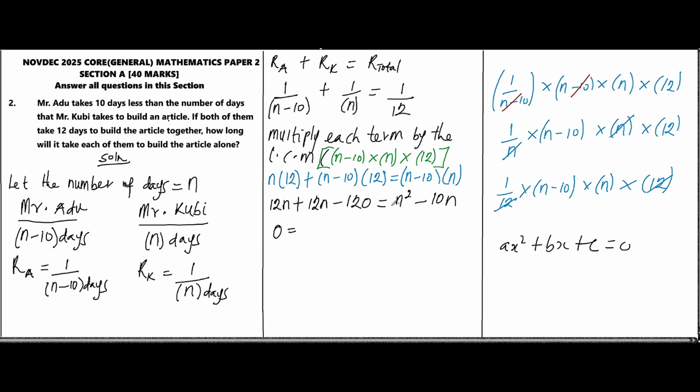So on the right, we already have n squared minus 10n. Then we transpose positive 12n to the right, becomes minus 12n, plus 12n also becomes minus 12n, and then minus 120 becomes plus 120.